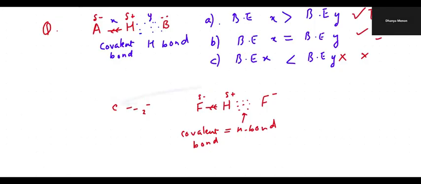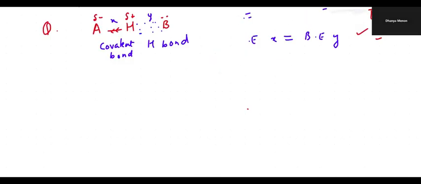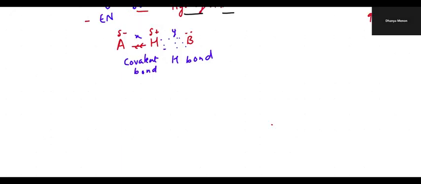Now, moving on further, students. Suppose a covalent bond is formed between HF molecules. Okay, so you know fluorine is highly electronegative and it is bonded to hydrogen in a covalent bond.